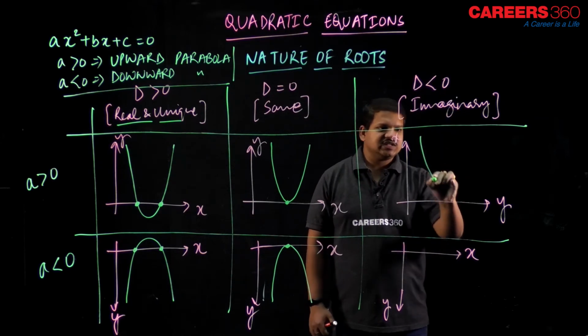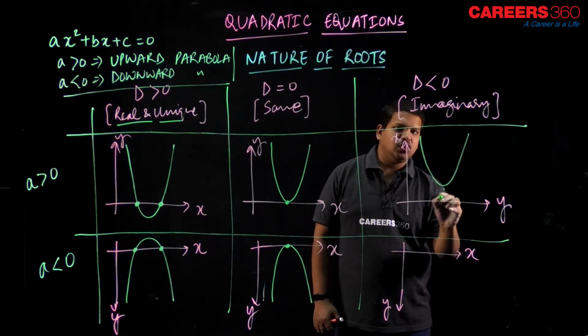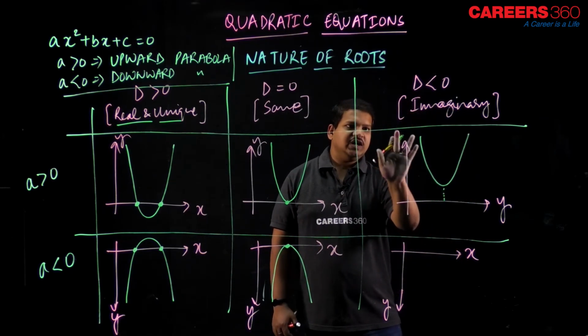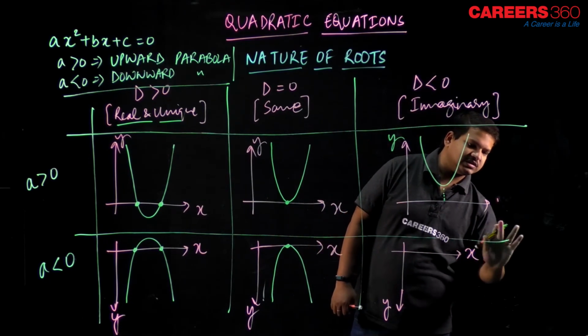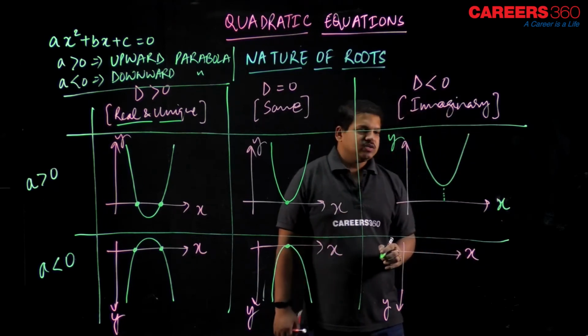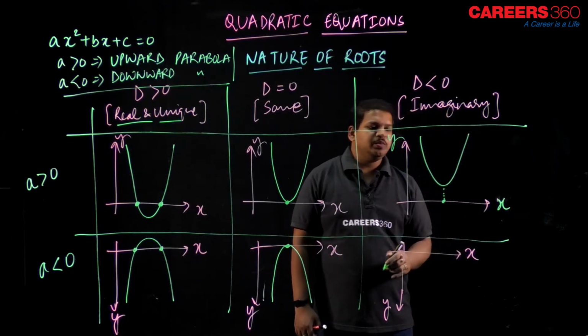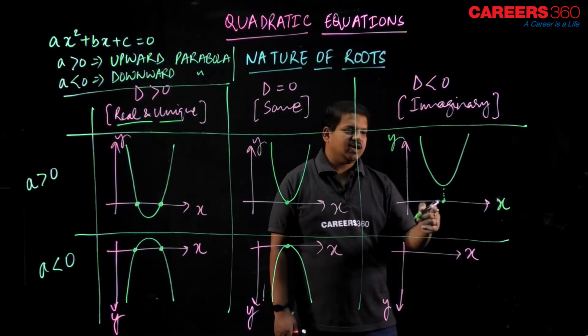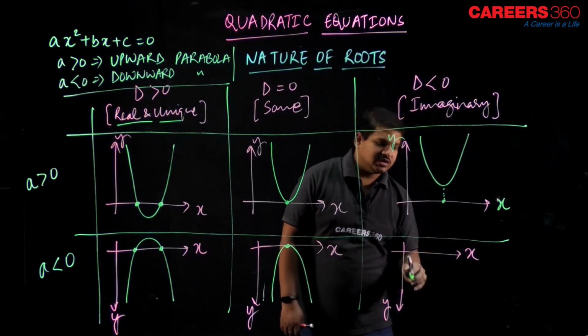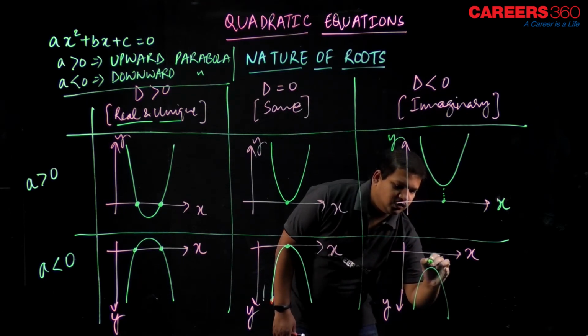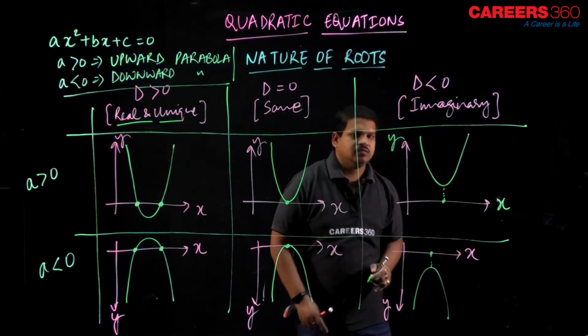In this case, the graph will not touch the x-axis. This will be y and this will be x, right? So the graph will not touch the x-axis, and that's how we will not get any real roots, and the same will be followed here as well.